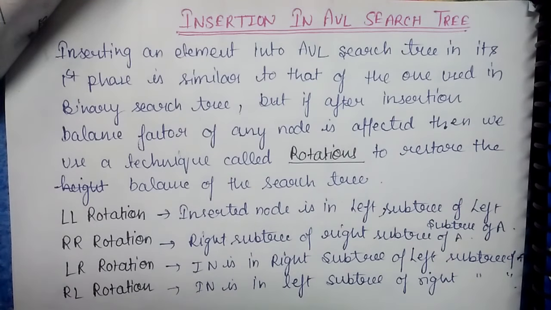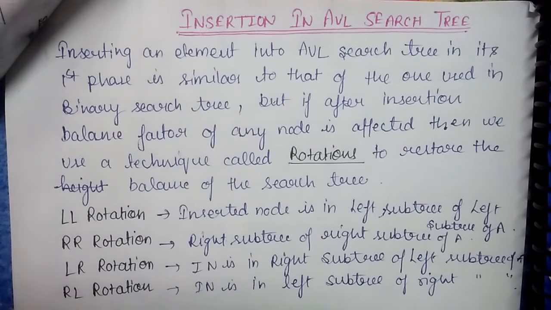RR rotation means when the inserted node is in the right subtree of the right subtree of the affected node. LR rotation we use when the inserted node is in the right subtree of the left subtree of A. RL rotation we use when the inserted node is in the left subtree of the right subtree of A.